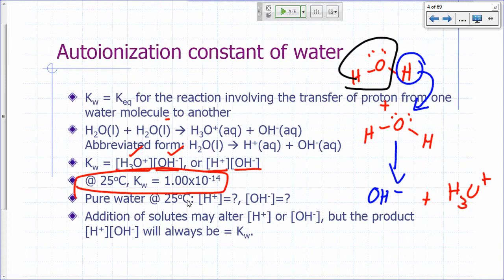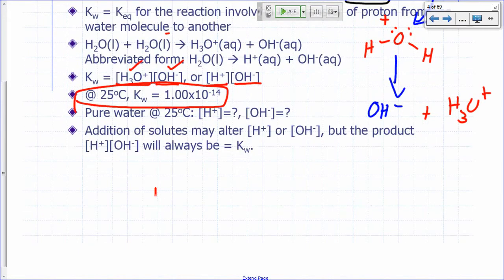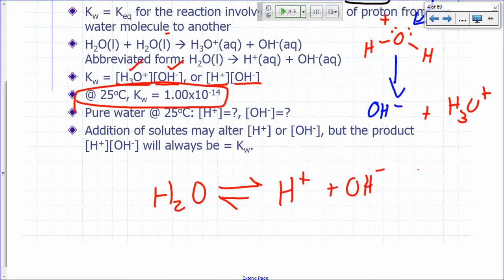So if you have pure water at 25 degrees, what do you think H plus and hydroxide are going to be? Let's look at this reaction again: H plus plus hydroxide, and Kw is 1.00 times 10 to the negative 14.